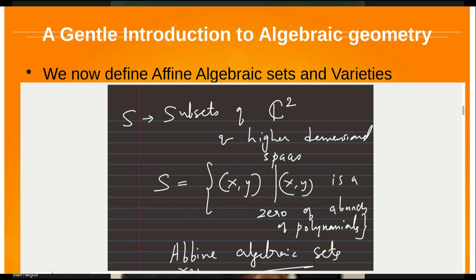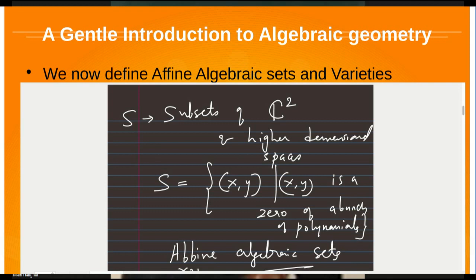Look at some subset S of C^2. If this happens to be the zero set of some bunch of polynomials, then we call it an algebraic set, more precisely an affine algebraic set. If we instead look at projective coordinates, then we get projective algebraic sets. But right now, I'm just focusing on affine algebraic sets.